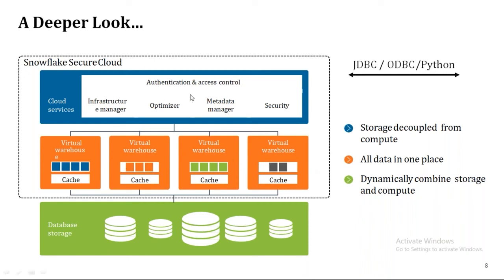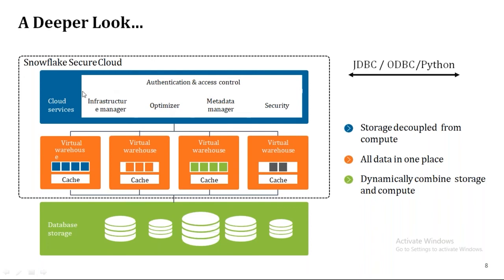And the third one is the cloud service layer. Authentication and access control are handled by the cloud service. Authentication and access control is nothing but, let's say, when you create an account with Snowflake, you give a username and password. Somebody has to authenticate that the username and password are correct. That part is controlled by the cloud service layer itself.